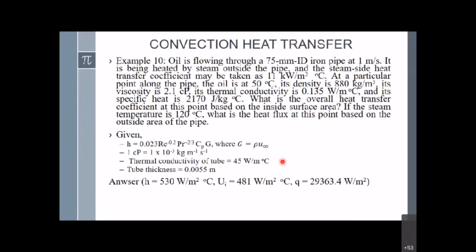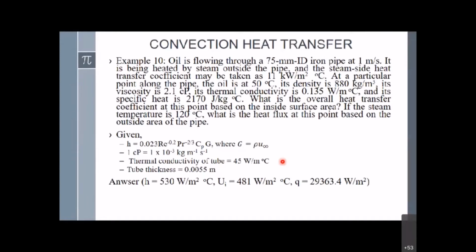It has a specific heat, and its specific heat is 2170 joule per kg degree Celsius. What is the overall heat transfer coefficient at this point based on the inside surface area? If the steam temperature is 120 degrees Celsius, what is the heat flux at this point based on the outside surface area?